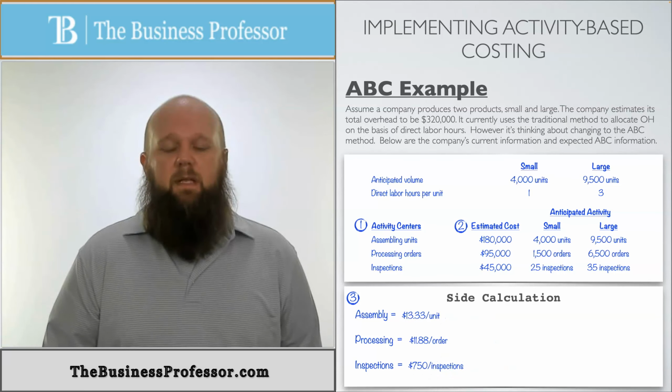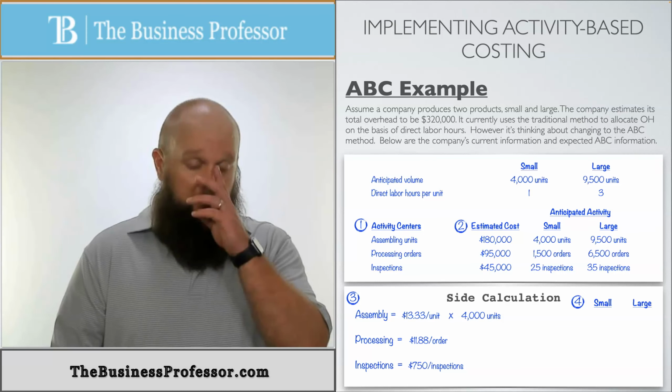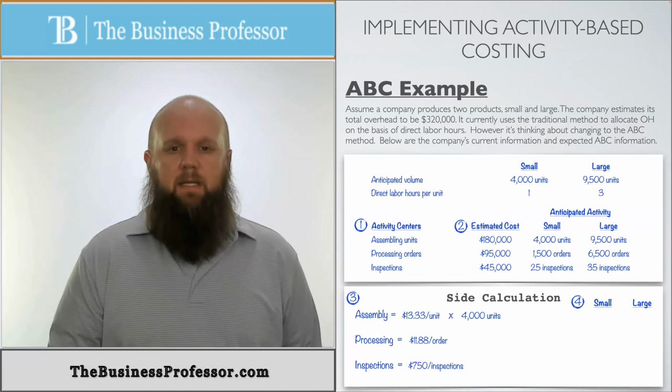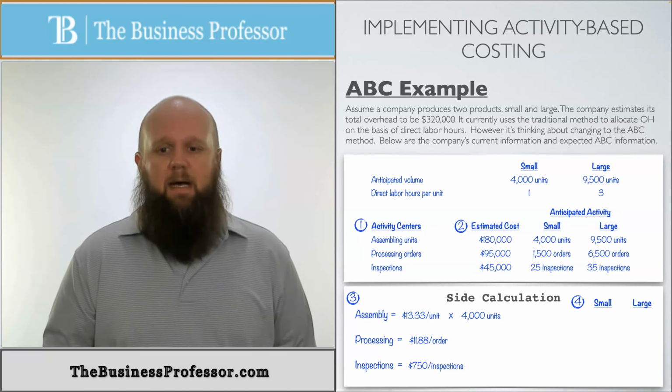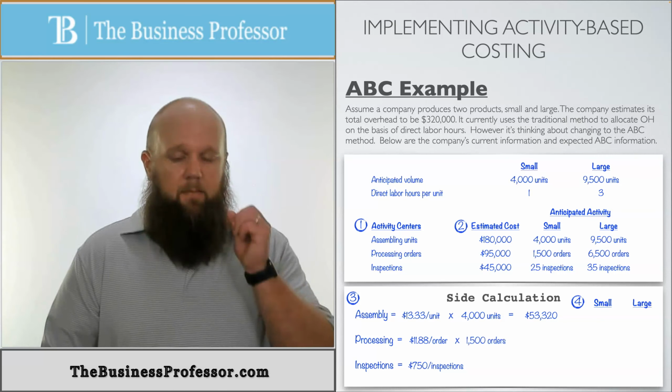Now let's look at step 4, where we're actually going to apply it. Step 4, we have small and large. So we're going to start with the small first. We're going to take the 4,000, we're going to take the rate, $13.33, multiply it by the 4,000, which is specifically for small. And that's going to give us $53,320. Put that, we're going to add that in a minute.